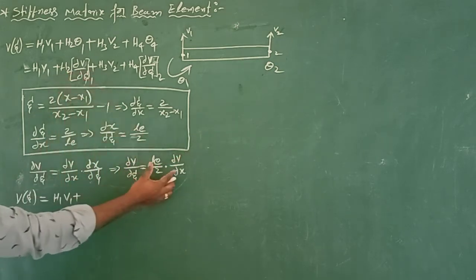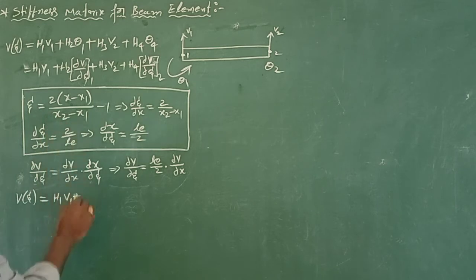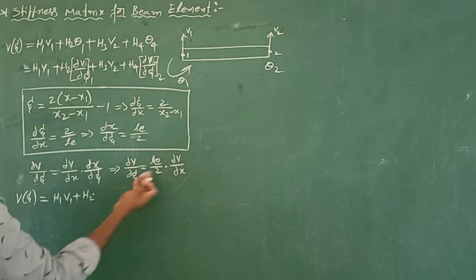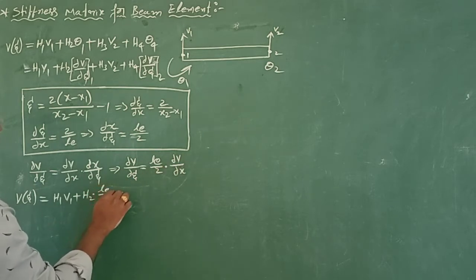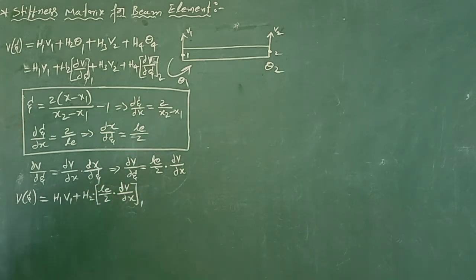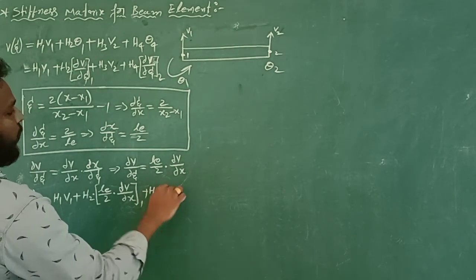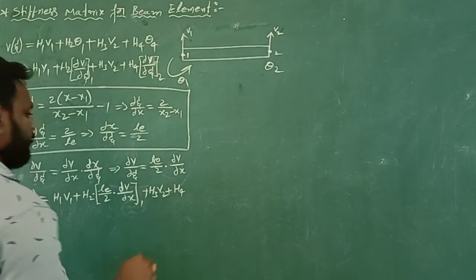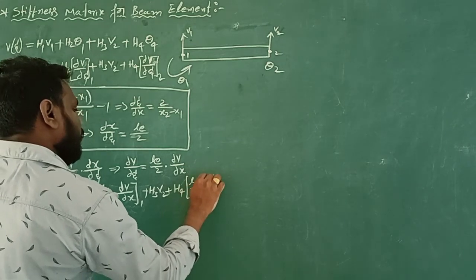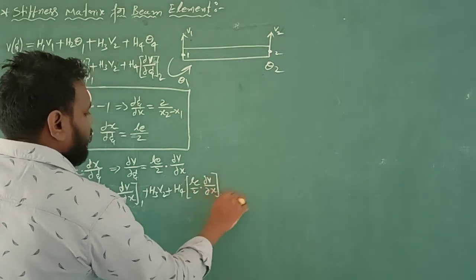So substitute this value here and here. Write it: h2 into dou v by dou j, which means LE by 2 into dou v by dou x for the first node, plus h3 into v2 plus h4 into LE by 2 into dou v by dou x for node 2.